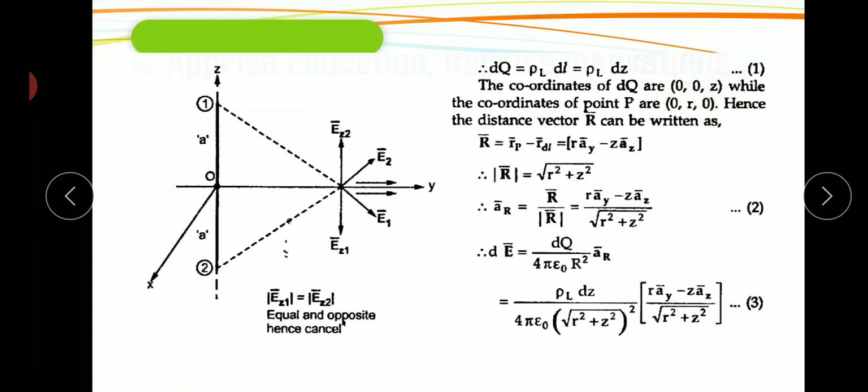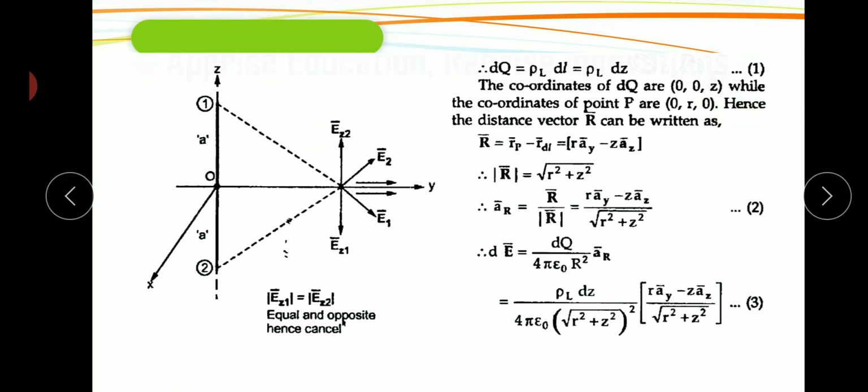Now the distance vector r bar is written as rp minus rdl. Now we can calculate by this: x2 minus x1 into ax bar, y2 minus y1 into ay bar, z2 minus z1 into az bar.